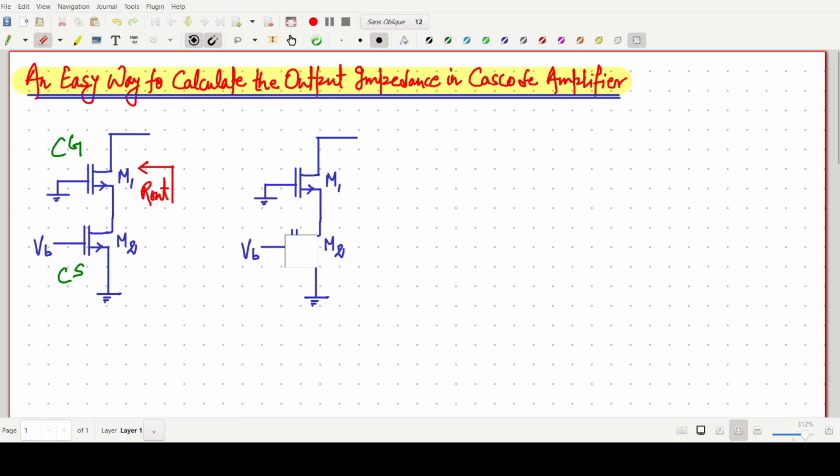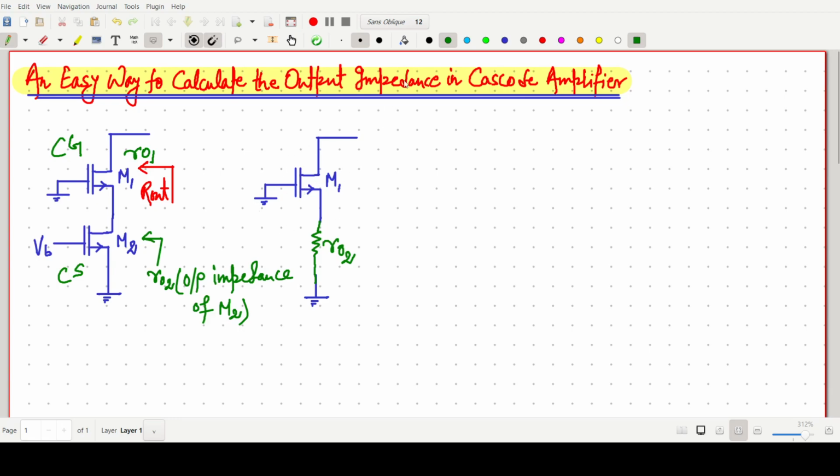For the time being, we say M2 has some output impedance, that is r02, the output impedance of transistor M2, and r01 is the output impedance of transistor M1. So this one is the new picture.